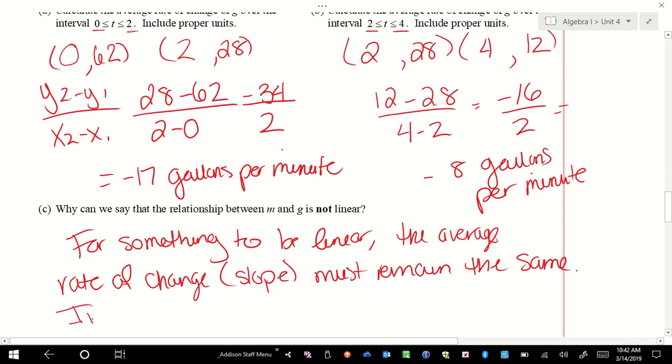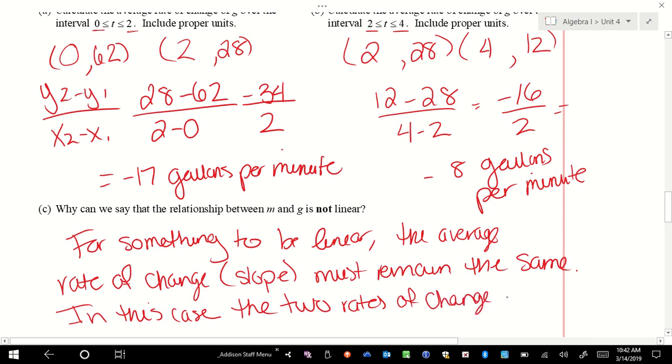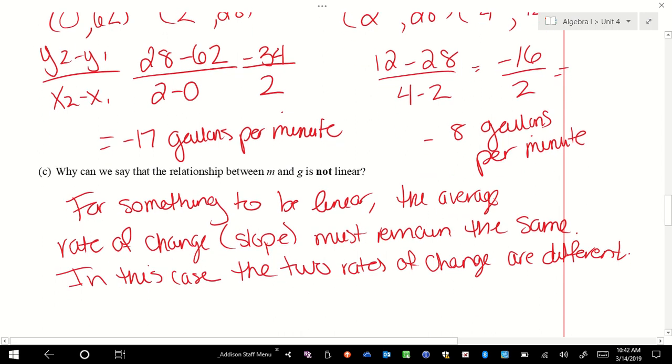In this case, the two rates of change are different. So it's not linear.